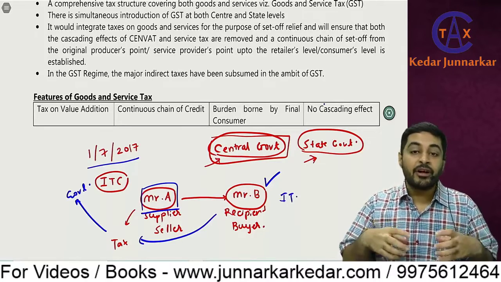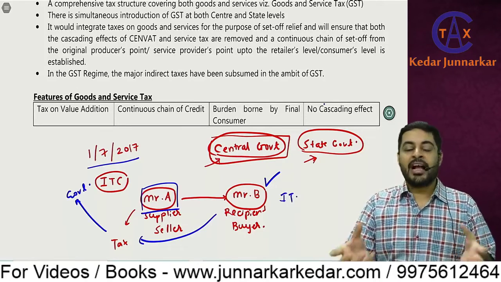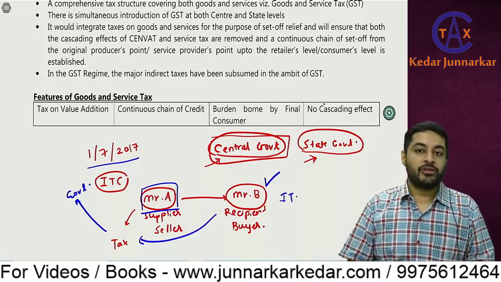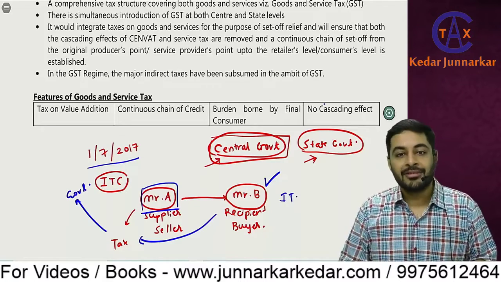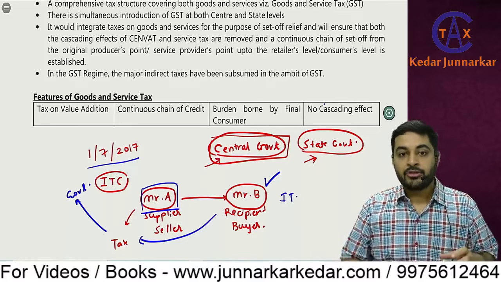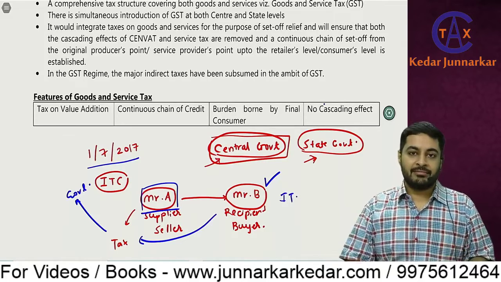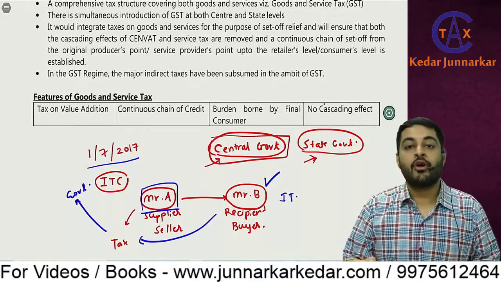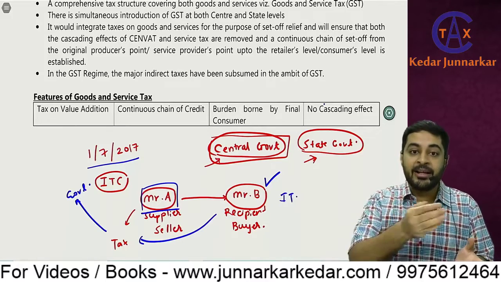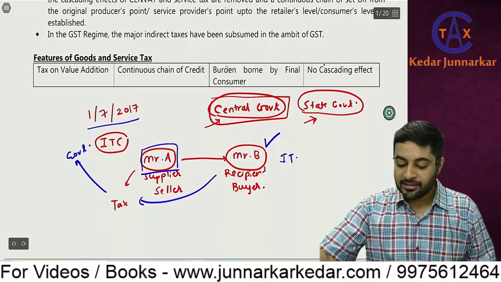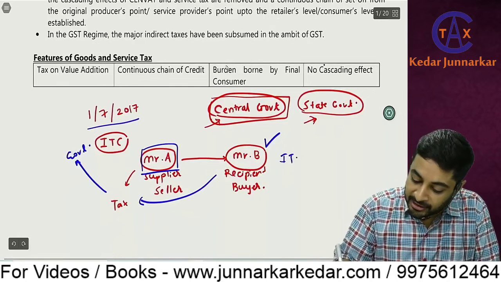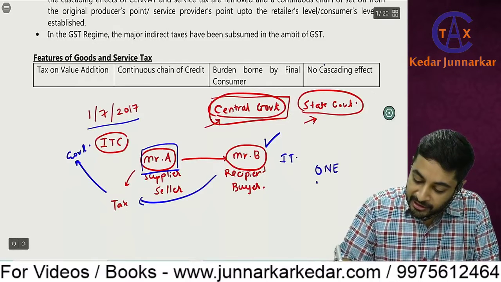Because there were multiple taxes, again in the case of software also, whether software was goods or service was also a confusion. So since there were so many taxes and so much confusion, the government thought that we will bring them under one roof, and that's why GST is called, if you remember, one nation one tax.